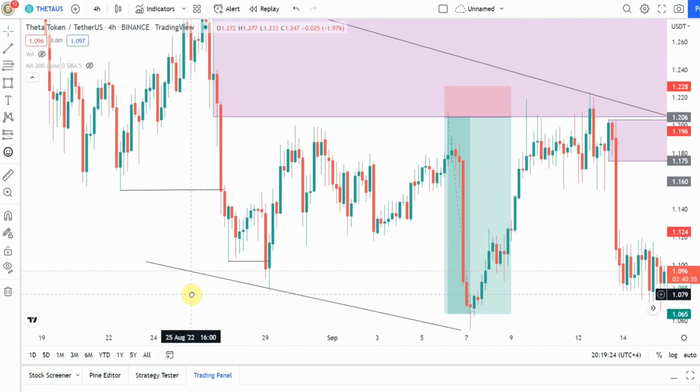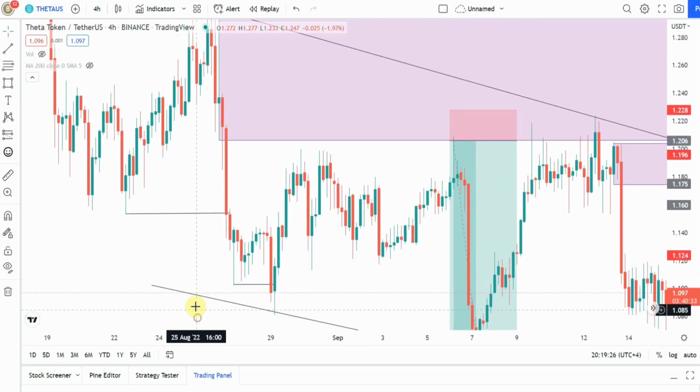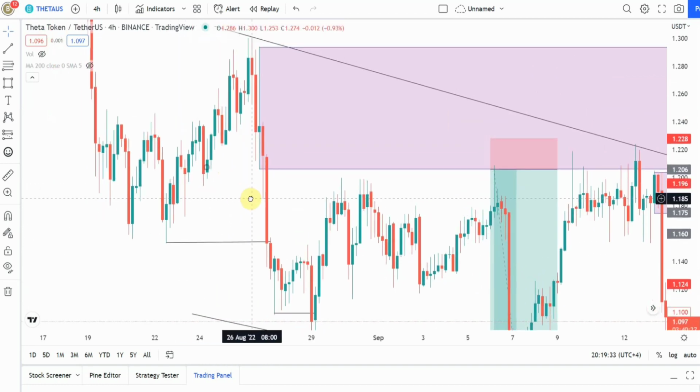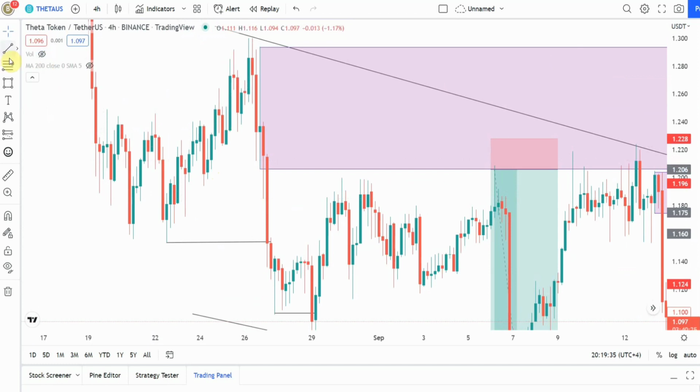Looking at this candle here, this is one candle that I found very difficult because it was very confusing. Now if you don't look very well, you can see that this is the last buy candle before the sales.